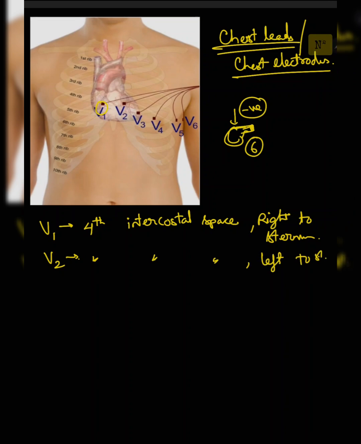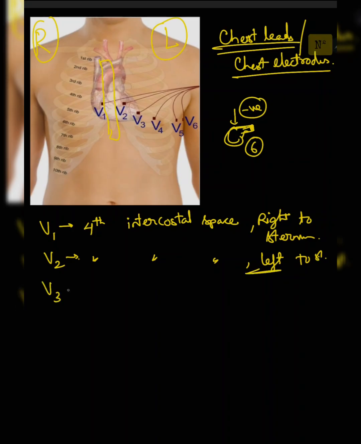Okay, so V1 is supposedly the anatomy portion. This is the right part of the body, this is the left part of the body, so V1 is placed relatively on the right side of the sternum. So supposedly this is the sternum. Okay, this is the right side, and V2 is placed just left. Okay, so just left to the sternum.